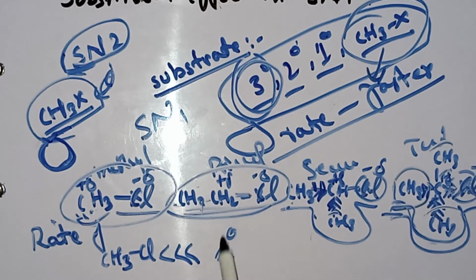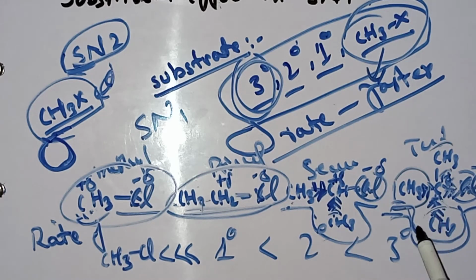The rate goes as 1 degree less than 2 degree, less than 3 degree. A 3 degree alkyl halide goes much faster in an SN1 reaction, because in the first step of the SN1 reaction the halide ion leaves the system.